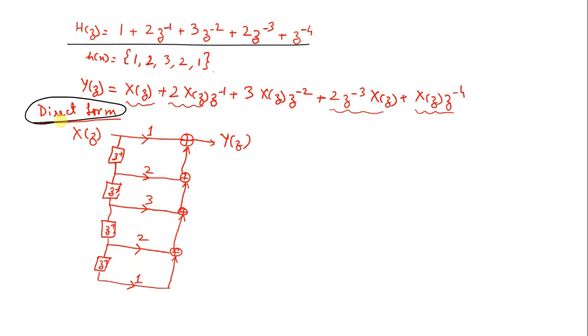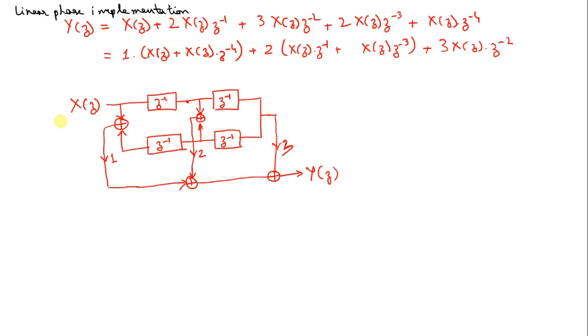Okay. Now in the next case, linear phase filter implementation. Over here, these values are being taken in a U-turn, and if you look over here, how many delays are there? The delays are 1, 2, 3, 4, which corresponds to our original delays.